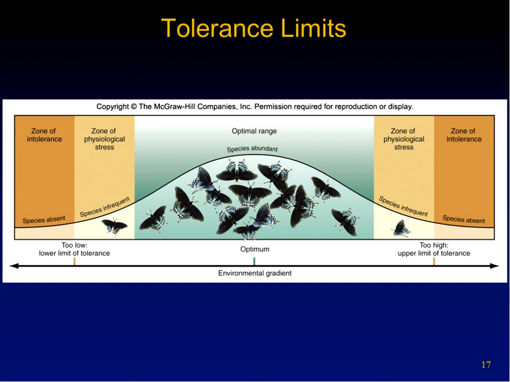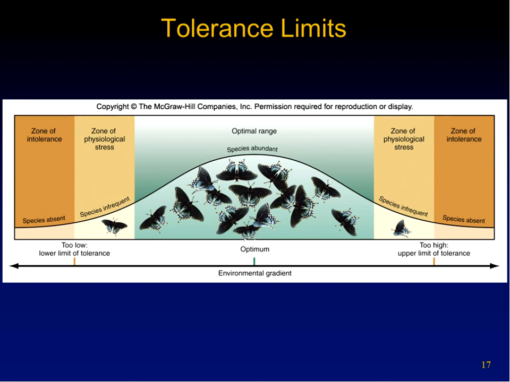So this graph from your book shows the principle of tolerance limits. It states that for every environmental factor, an organism has both maximum and minimum levels beyond which it cannot survive. The greatest abundance of any species along an environmental gradient is found around the optimum level of the critical factor most important for that species.